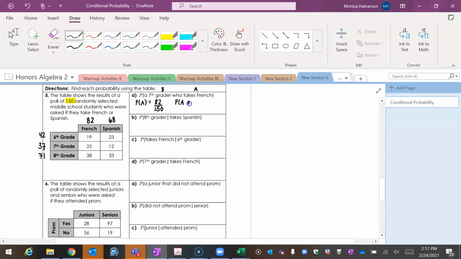So the probability of A and B is going to be 25 over 150. So we get 25 over 150 divided by 82 over 150, which gives 25 over 82 as our probability.